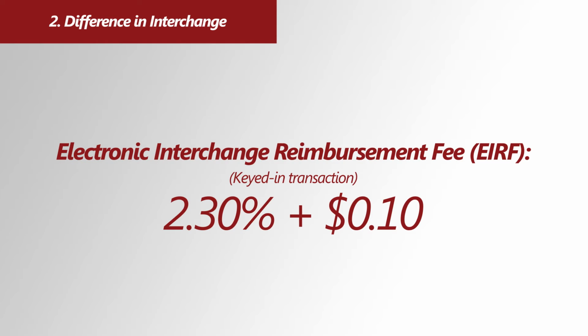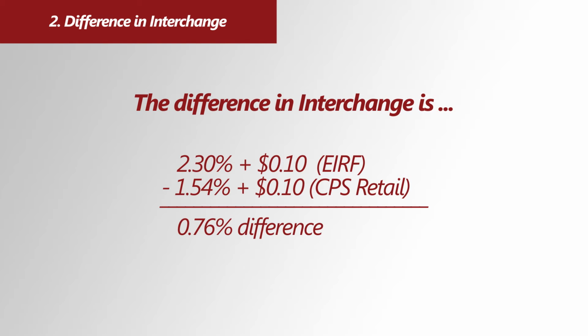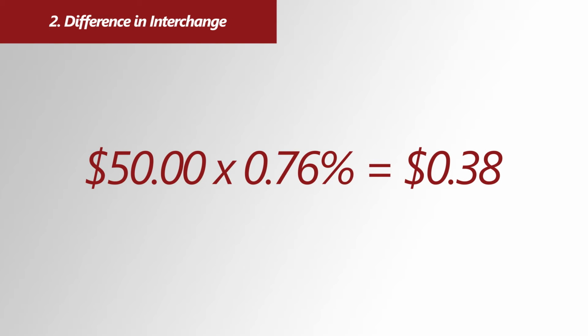This keyed-in retail transaction qualifies at the interchange category of electronic interchange reimbursement fee, also known as EIRF, which is 2.3% plus 10 cents. 2.3% plus 10 cents minus 1.54% plus 10 cents equals a 0.76% difference. $50 times 0.76 equals 38 cents.